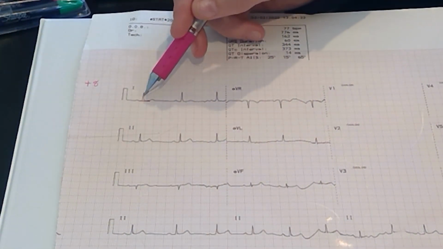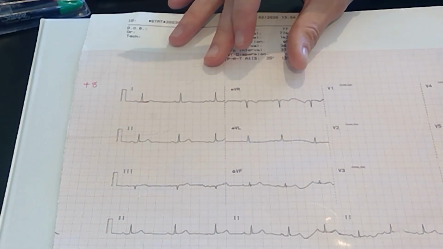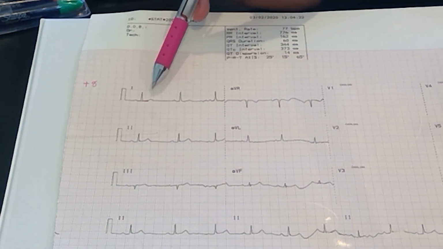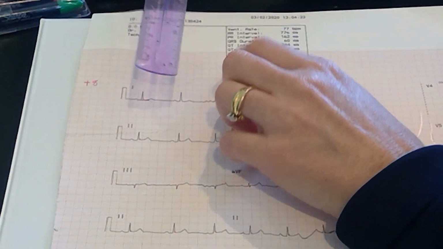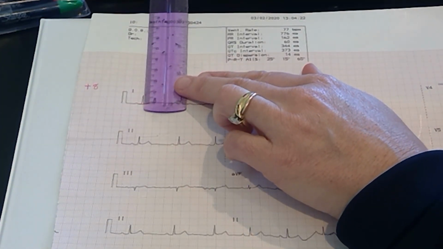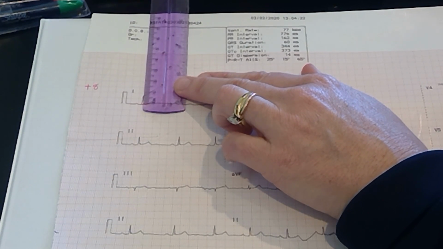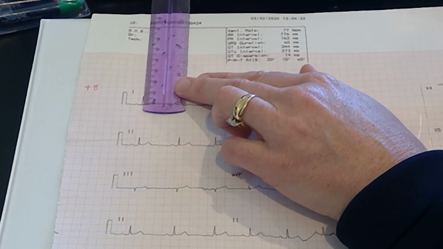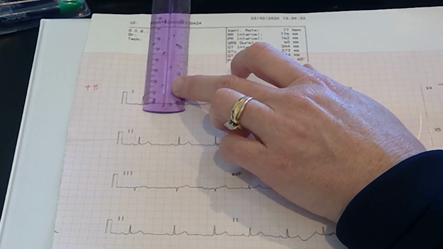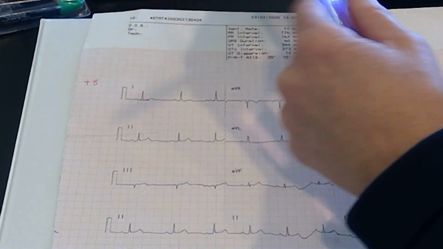You can either count the lines in the boxes. Each box is a 5 by 5 millimeter box. Or perhaps now is a good time to actually remind yourself how to measure in millimeters using a ruler. So again, that's 8 millimeters in an upward deflection.